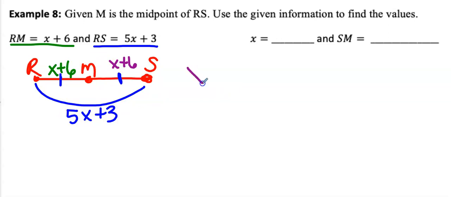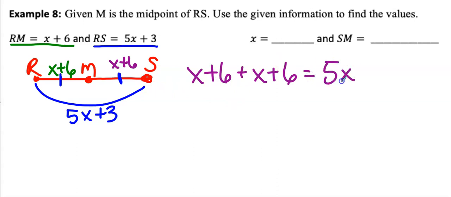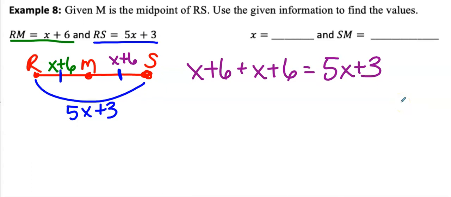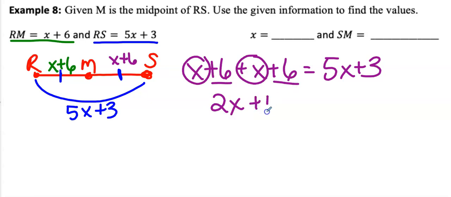Okay? So now part más part equals your total. So x plus 6 plus x plus 6, so repeat, equals the total derecha is 5x plus 3. Okay? Y resolver. So x plus x is 2x. 6 plus 6 is 12.